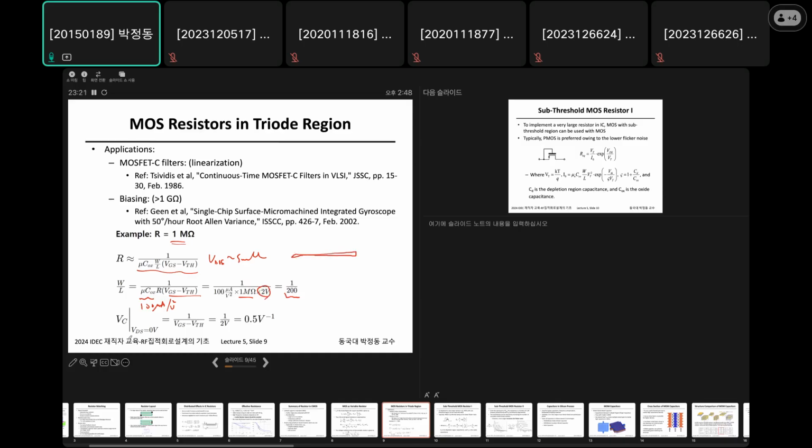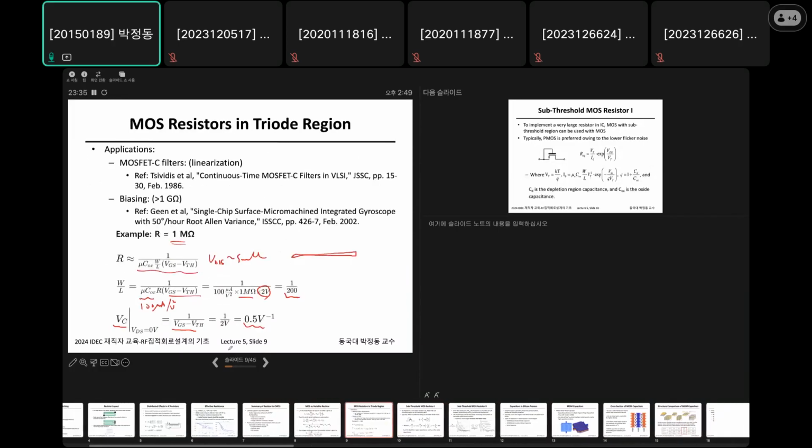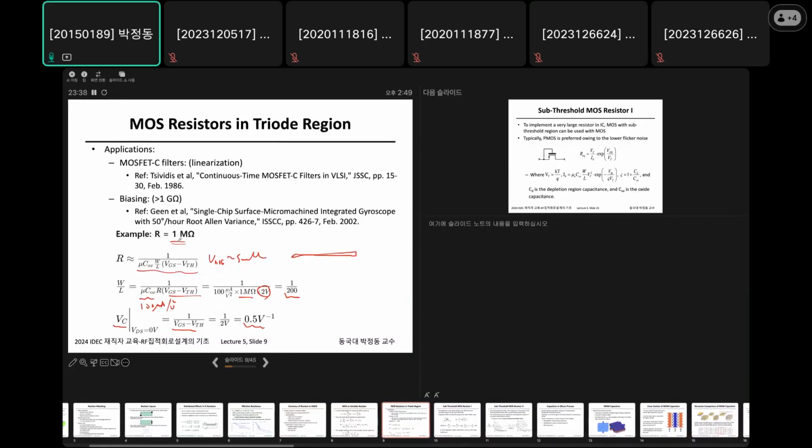The voltage coefficient with VDS equal to 0 is this, which is quite large. As can be seen, to achieve a 1 mega ohm resistor, the aspect ratio is insane.